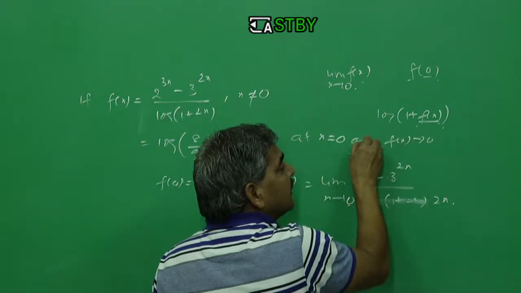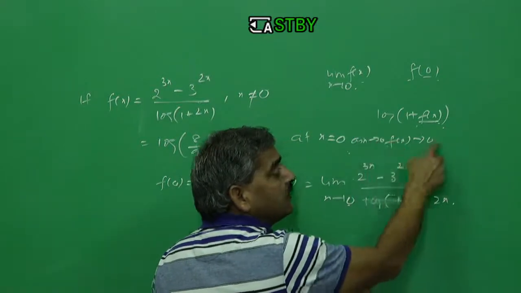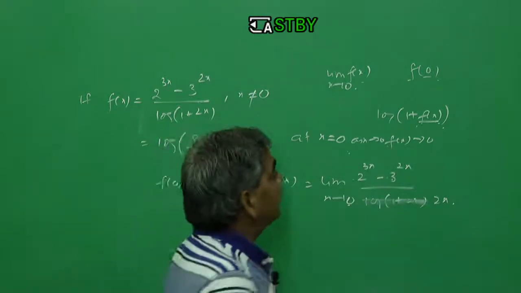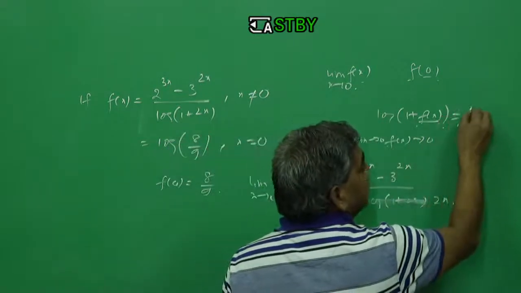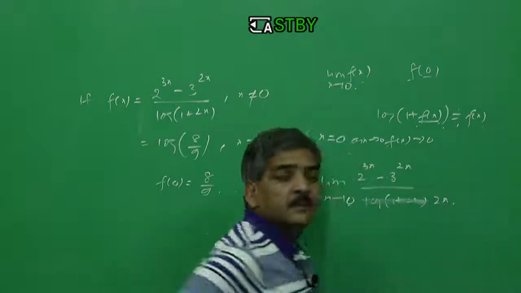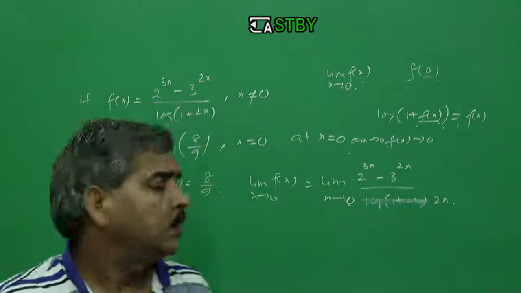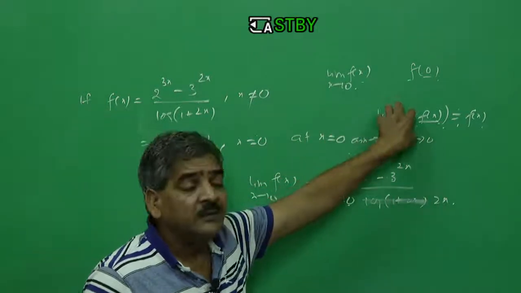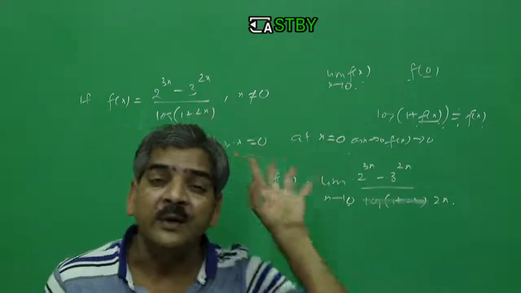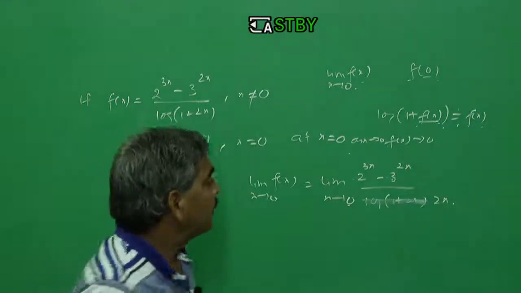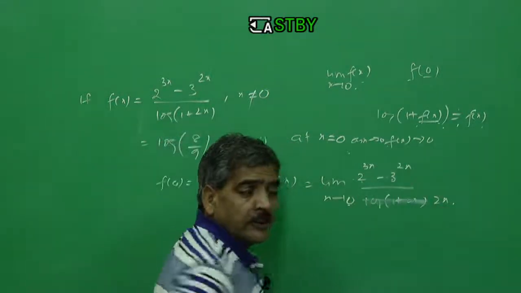As x tends to 0, this f of x must tend to 0, then this quantity is approximately equal to f of x. This is a very useful approximation, क्योंकि नहीं तो इसकी डेरिवेटिव कैलकुलेट करना काफ़ी डिफिकल्ट जाता है. So now differentiate numerator, denominator separately.